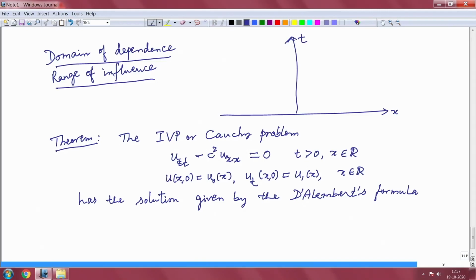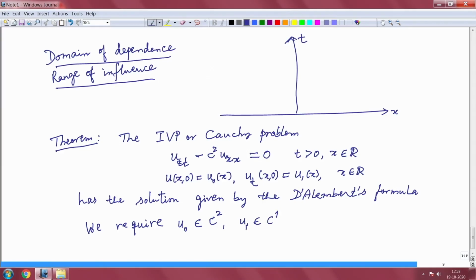If you look at the D'Alembert's formula, we require u0 to be a C2 function, and since in the D'Alembert's formula u1 gets integrated, for that we only need C1.